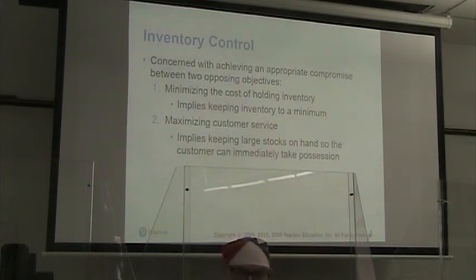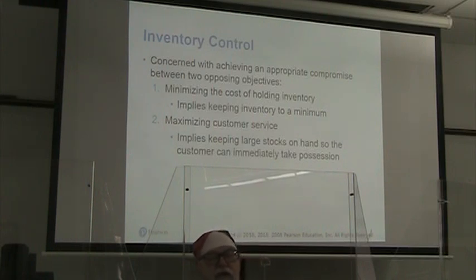Inventory control, we are worried about two conflicting objectives and how to make a compromise between them. The first is minimizing the cost of holding inventory. If we keep inventory, that costs money.